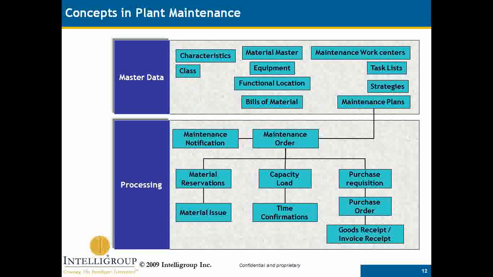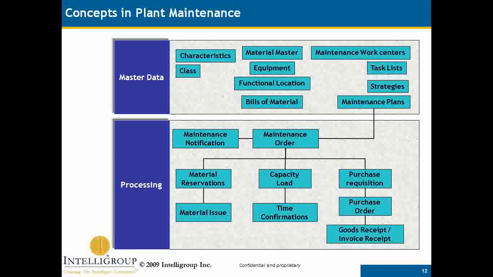How we can use this is called the strategy task list. Going forward in the system, I will show you that one task list can cover up to 10,000 kilometers or 1 lakh kilometers. All of it you can maintain in one task list, so we can use one task list for multiple purposes. Now you understand what a task list is.